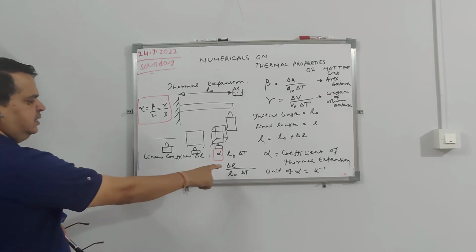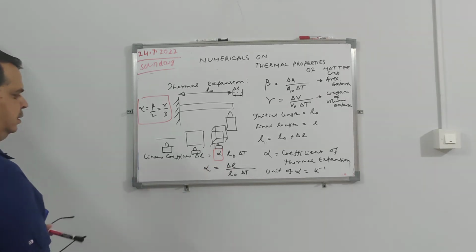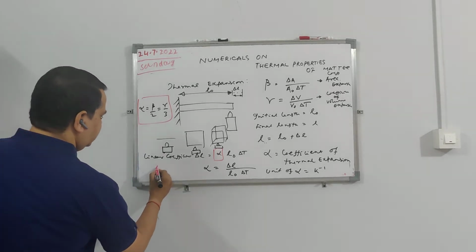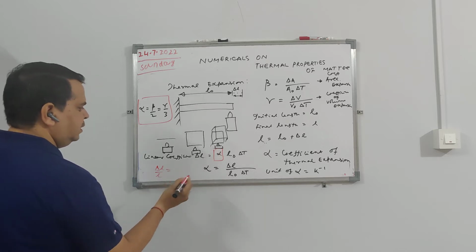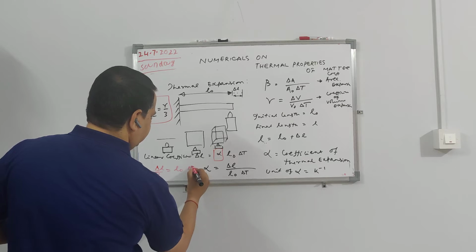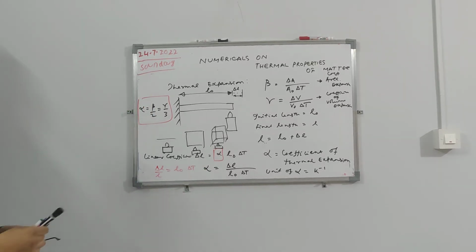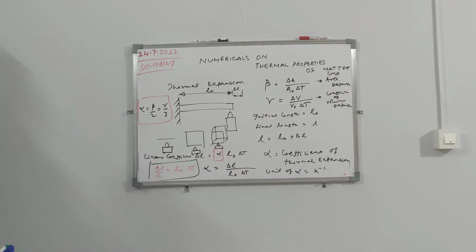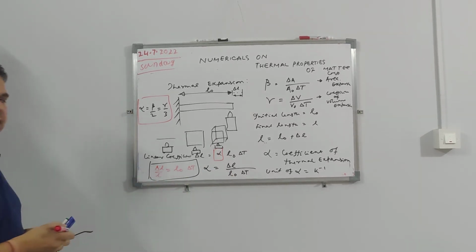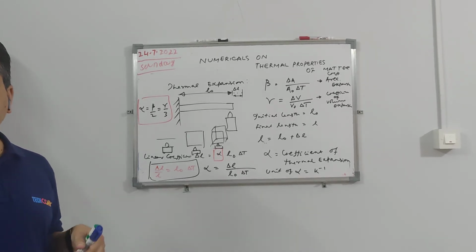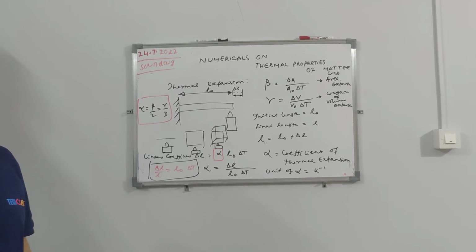Suppose there can be questions like, you can write delta L by L0 is equal to alpha into delta T. There can be a question, if you want to restrict the change in length, if you want to restrict the percentage expansion within 2%, what should be the temperature rise?